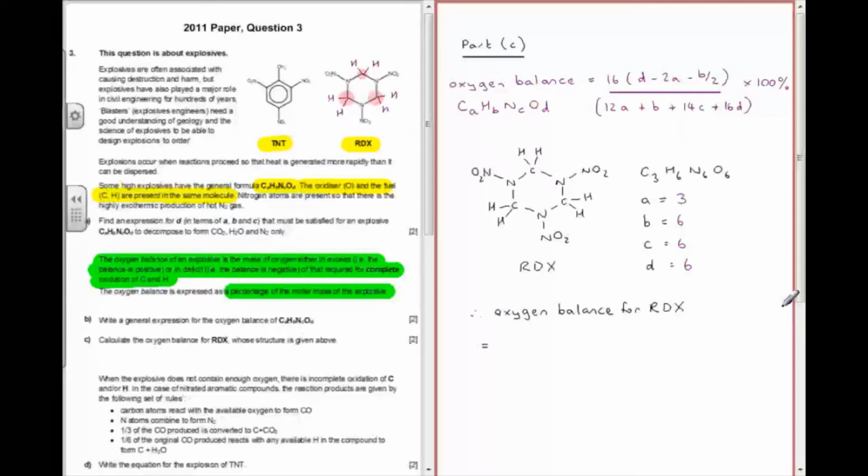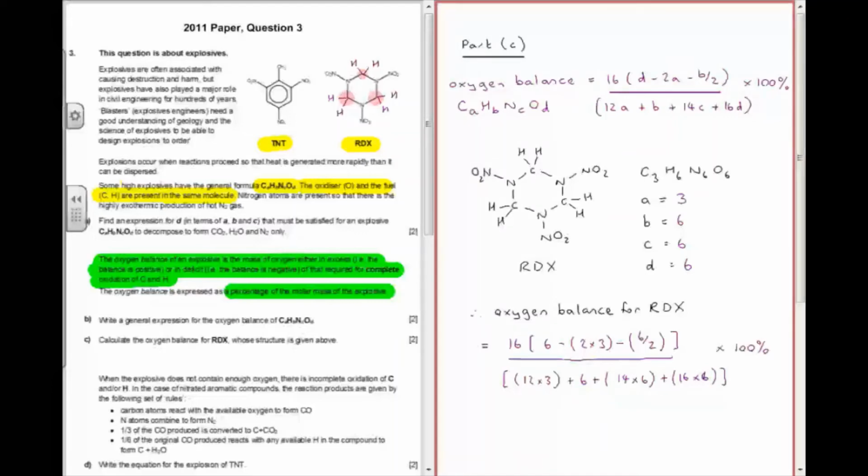If we do this, then we can say that the oxygen balance for RDX is equal to 16 times D, which is 6, minus 2 lots of A, so 2 times 3, minus B, which is 6, divided by 2, and all of that has to be divided by 12 times 3 plus 6 plus 14 times C, which is 6, plus 16 times D, which is equal to 6, and then all of that has to be times by 100%.